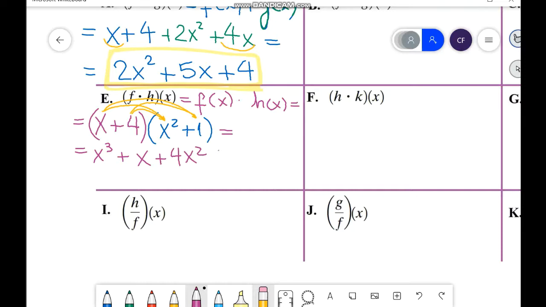And 4 times 1, 4. The answer is x cubed plus 4x squared plus x plus 4. Let's write in the correct order. The highest exponent is 3. The second highest exponent is 2. Then 1. And the last is the constant. This is the right answer. We don't have any like terms. That's it.